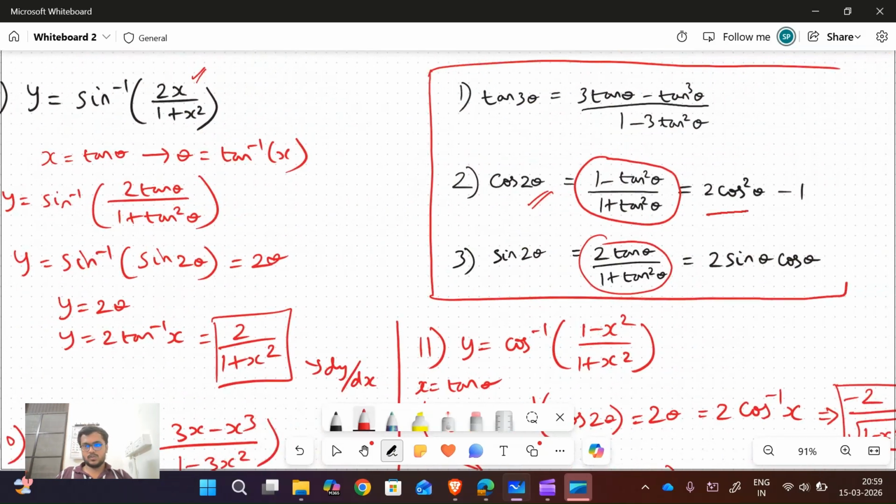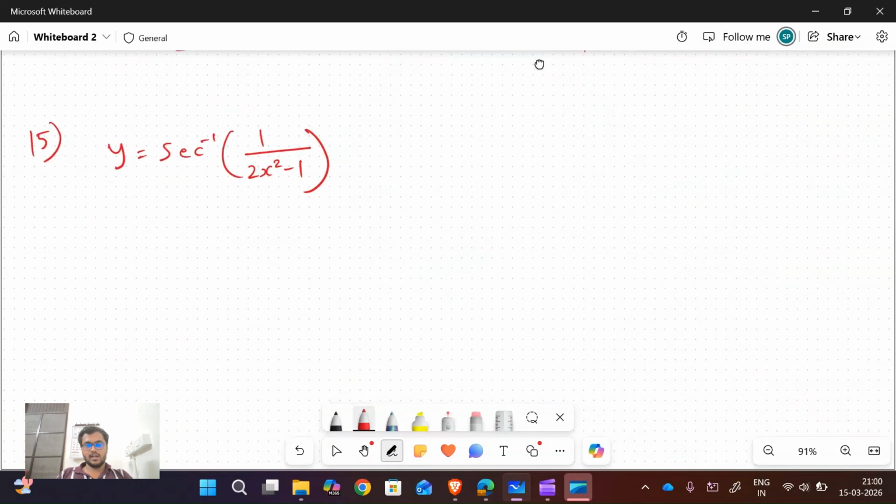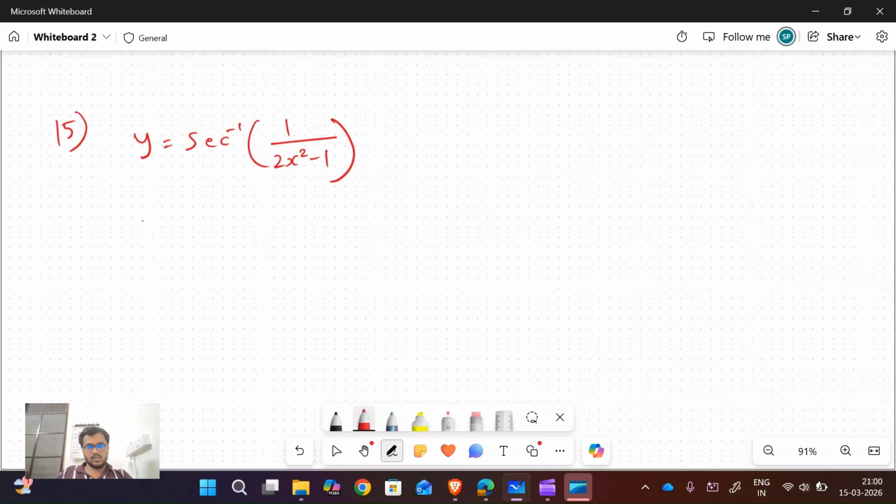See, 2 cos square theta minus 1. Because cos and secant are inversely proportional, right? 1 by cos theta equal to secant theta. So you can use this. I'll tell you how. If you would have tried and got the correct answer, congratulations. So put x equal to cos theta. Your y will be secant inverse of 1 by 2 cos square theta minus 1.